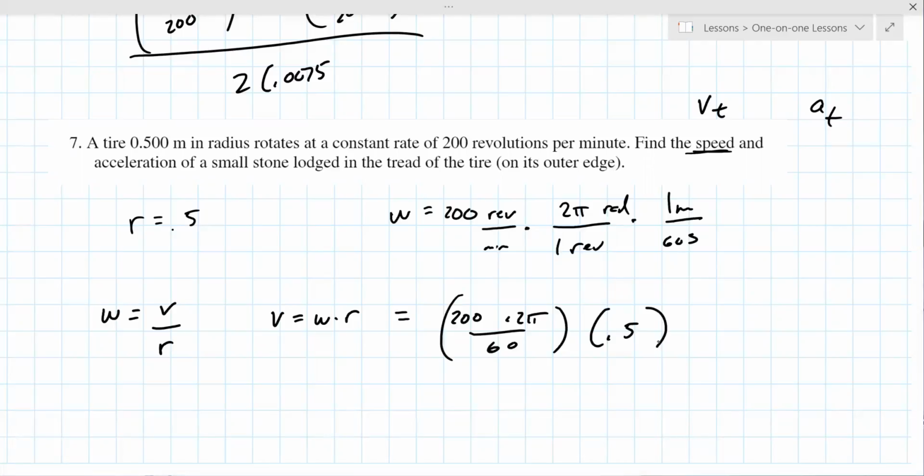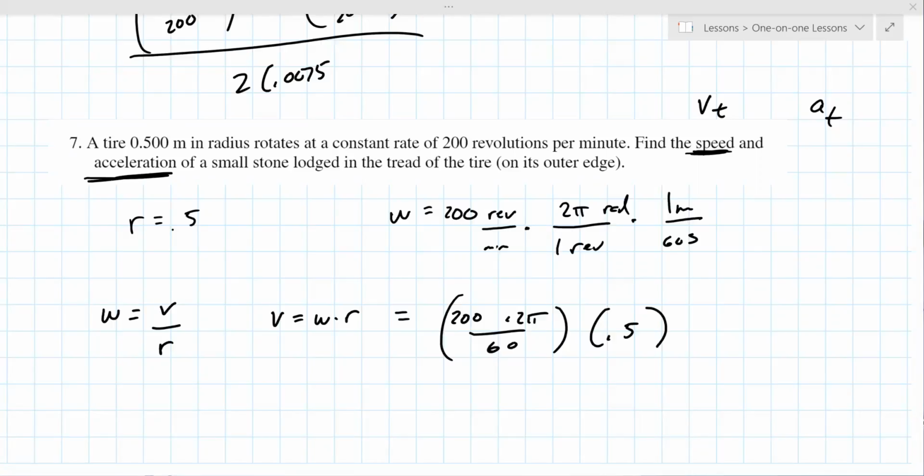So we'll multiply those out and we get the velocity. That's all it's asking for, right? I keep expecting these to be multi-layered. That's the speed. We have to find the acceleration. 2 pi, then divide by 60. Multiply that by 1/2.